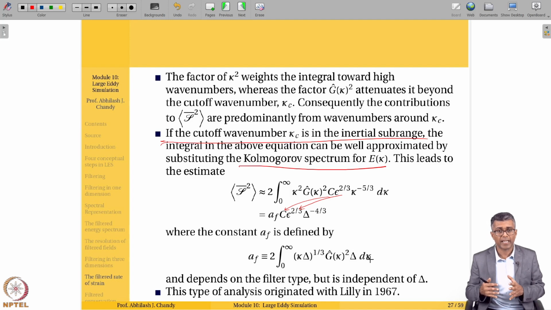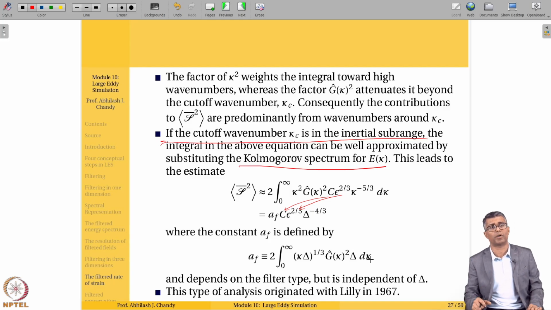In LES, the analogous characteristic length scale, especially since we are considering the inertial subrange, what is more dominant? The filter width. So I want to scale my wave number with delta, because that is the dominant length scale here, isn't it?